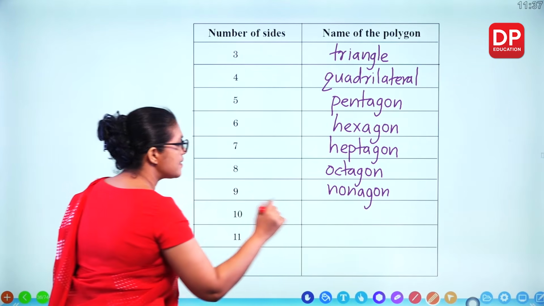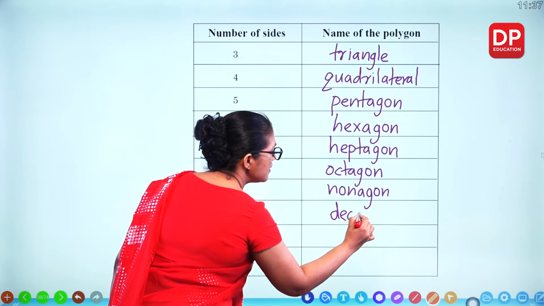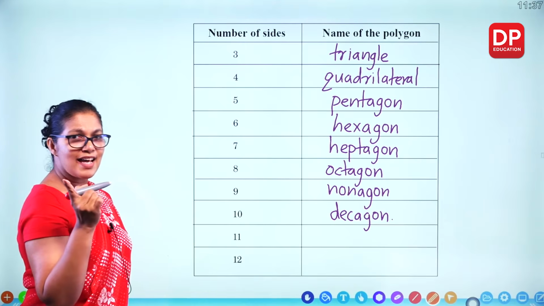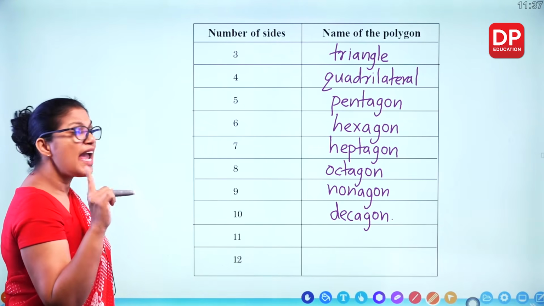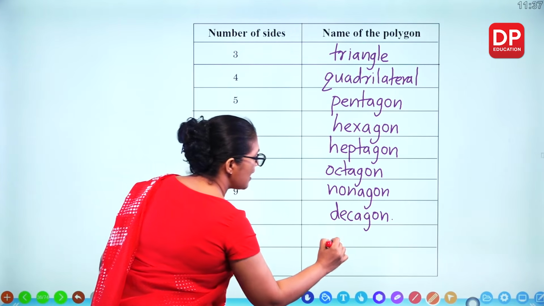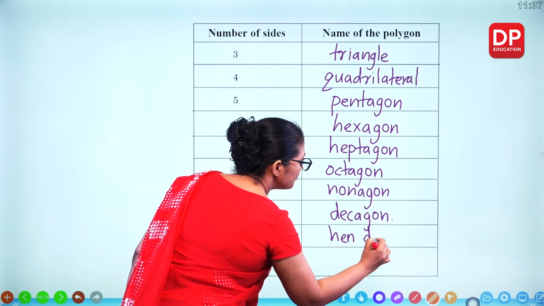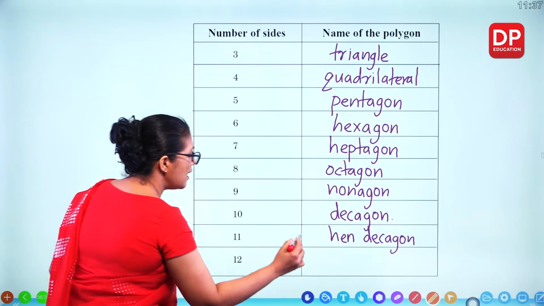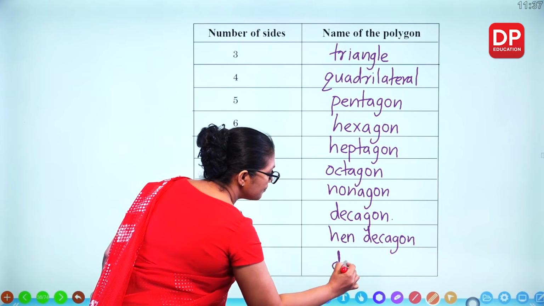And 10 sides, decagon. 11 sides, have you heard about that? Hendecagon. And 12 sides we call dodecagon.